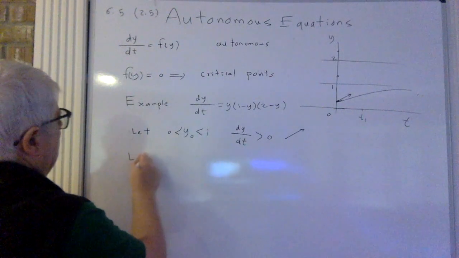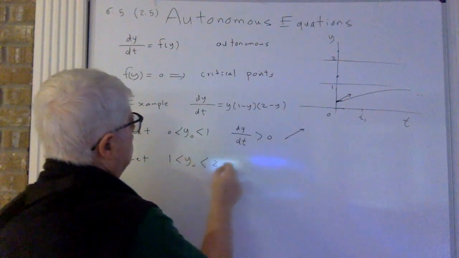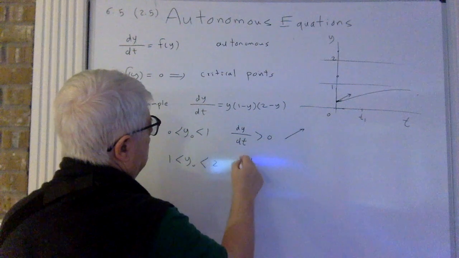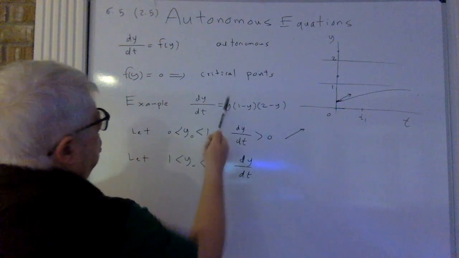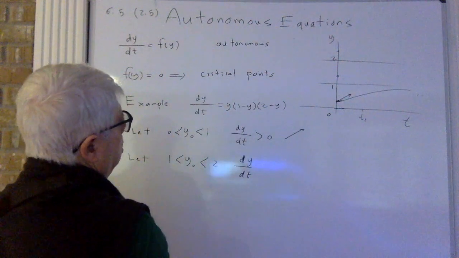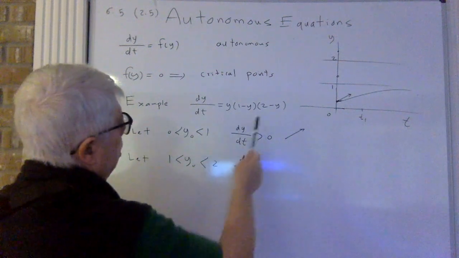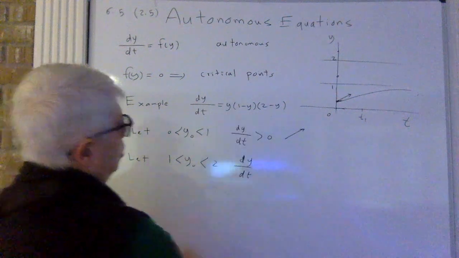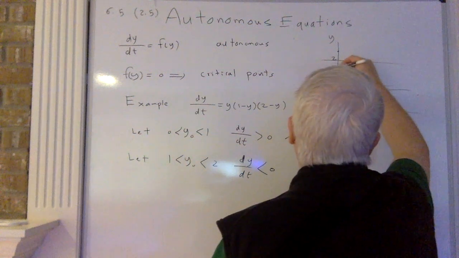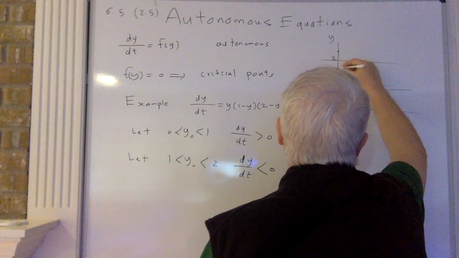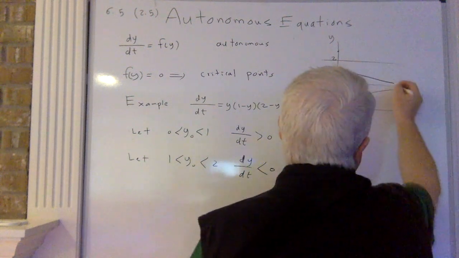Now let y0 be between 1 and 2. What happens to dy/dt? If it's between 1 and 2, this is positive, this will be negative, that's 1 minus y. If it is 1.5, this is negative, but this is positive. Positive, negative, positive gives negative. So if I start somewhere here, the slope is like this and the curve goes like this.